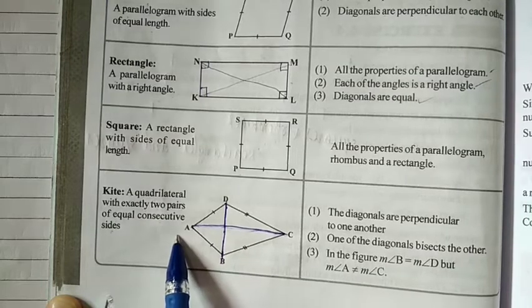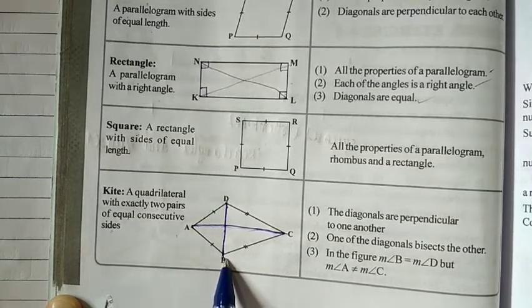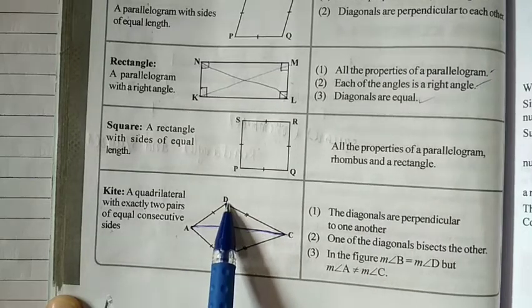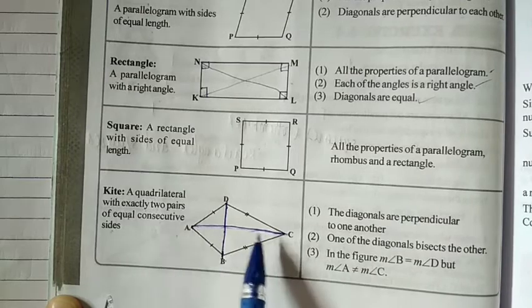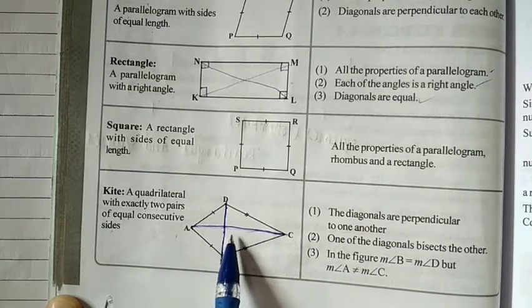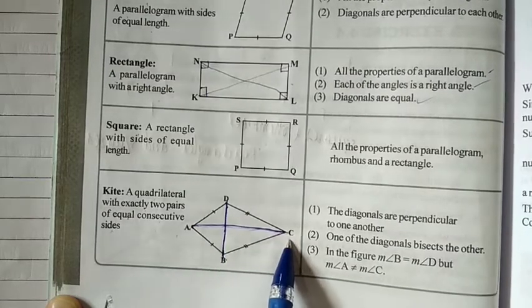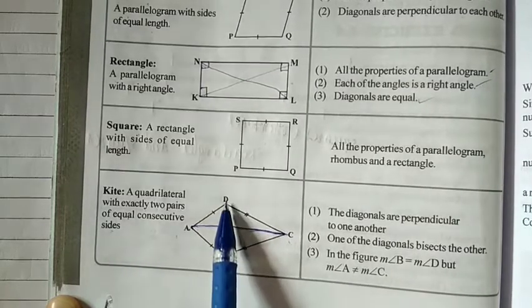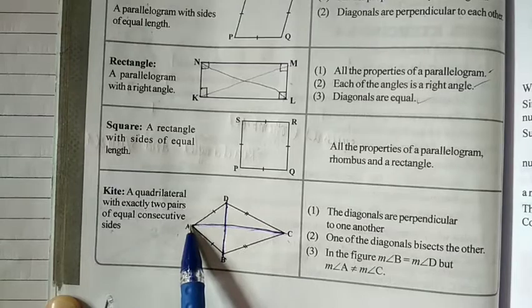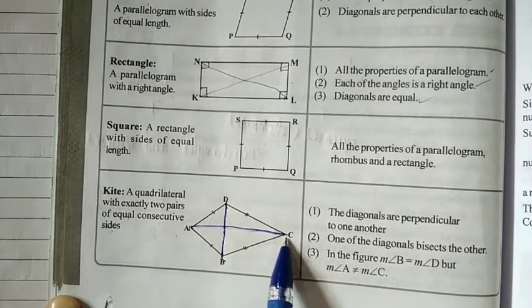In the figure, the measurement of B is equal to the measurement of D, but the measurement of A is not equal to the measurement of C.